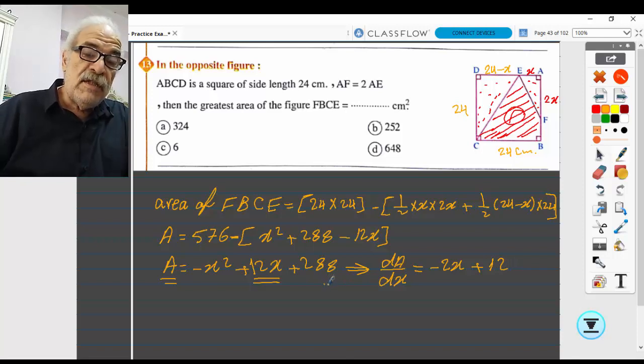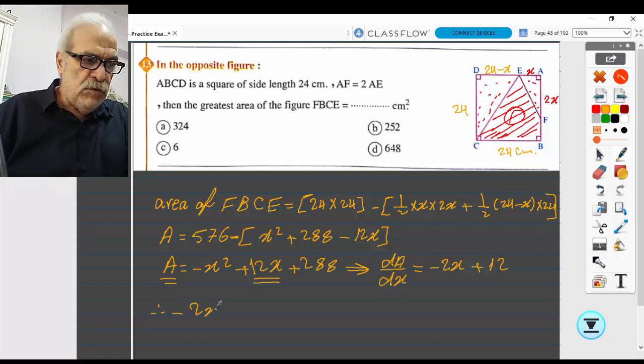The derivative of 288 equals 0. Now put dA/dx equals 0. It means negative 2x plus 12 equals 0, which implies x equals 6.